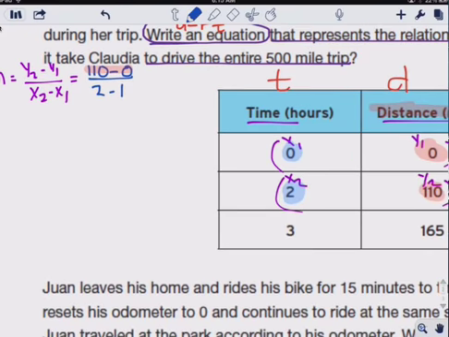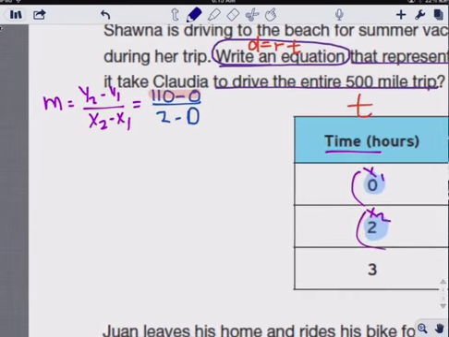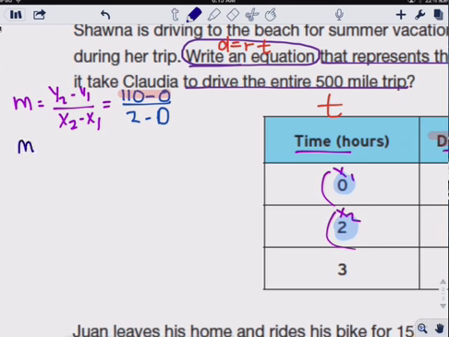Good thing I checked. Alright, that gives me my slope of 110 over 2. Slope equals 55 miles per hour, that's my rate.